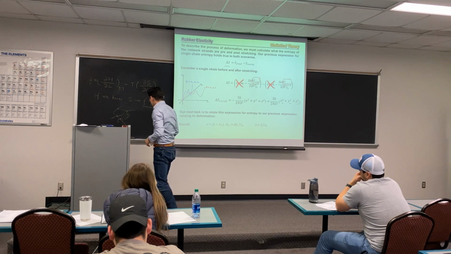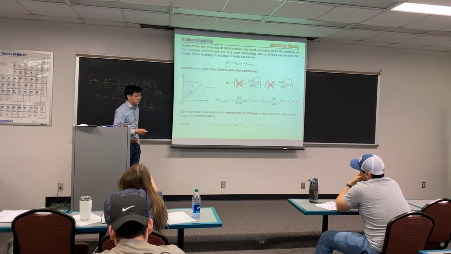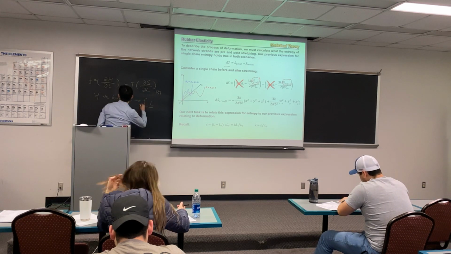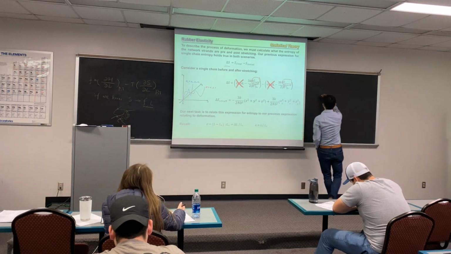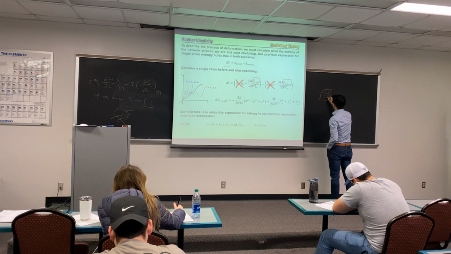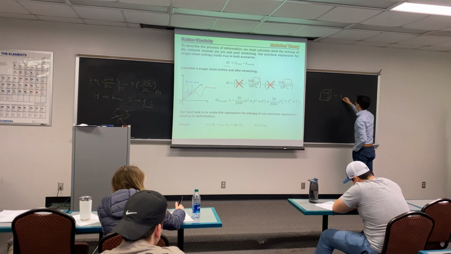So how do we get that? We need to use the constant volume assumption. Let me draw a three-dimensional cube so everybody sees it more clearly. If we have a cube that has been deformed to be twice the length.